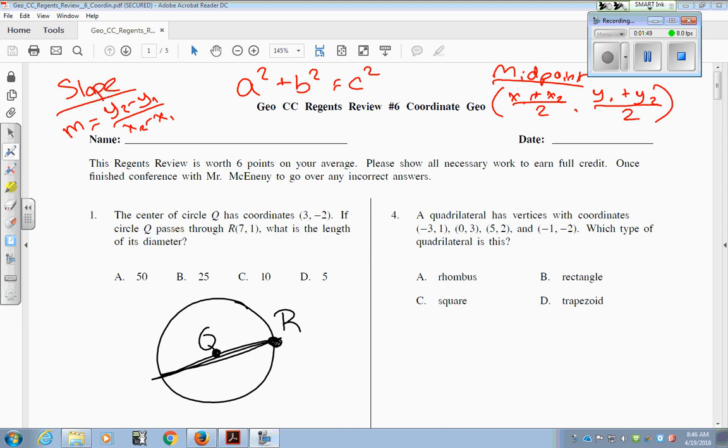So what you can do, and I've been doing it this way with my students this year, it's kind of helped them. You write down the two coordinates and you find the difference between those two coordinates. Okay. So you just want to subtract bottom minus top in each case.